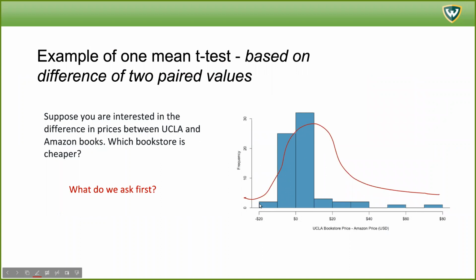And then we can see that here they already took the difference, so we're already using the difference as the variable. So the average price difference between the two is around zero. Note that here it's UCLA minus Amazon, and the way I just wrote before is Amazon minus UCLA. That will make a difference. The sign is going to invert your values, so you need to know which one is which.